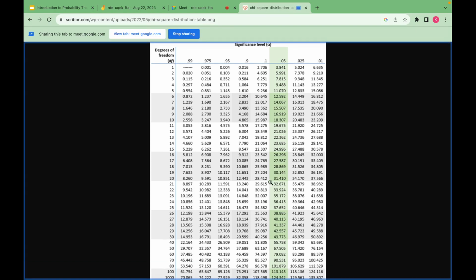So this is the chi square table. Our alpha was 0.995, this is 0.99, and the degree of freedom was 8. The corresponding value for df 8 and alpha 0.99 is 1.646.